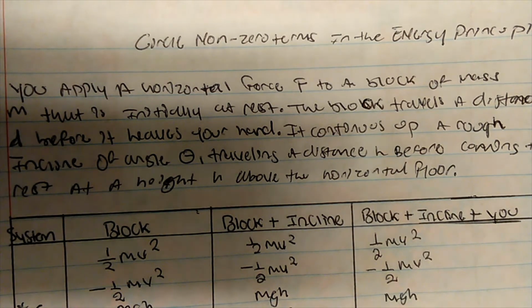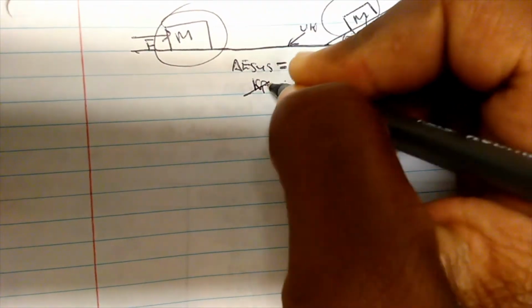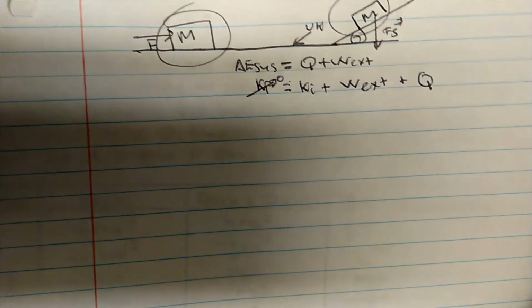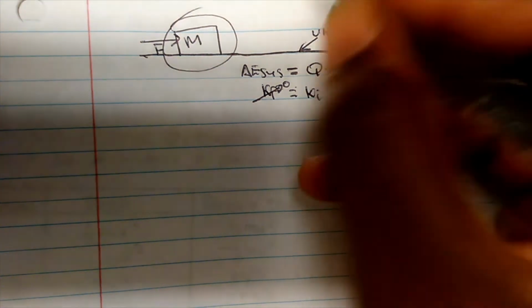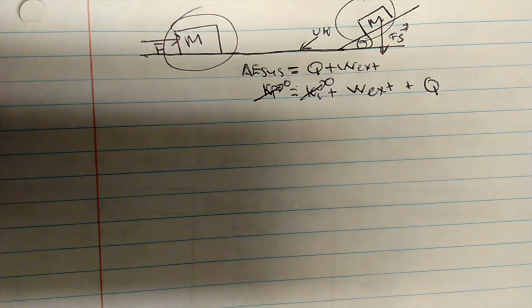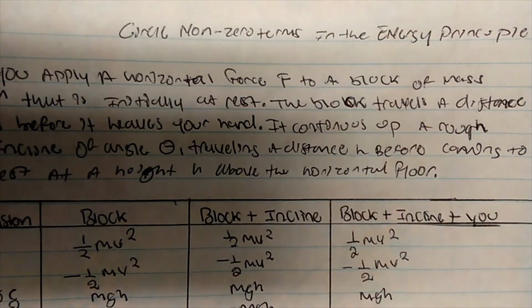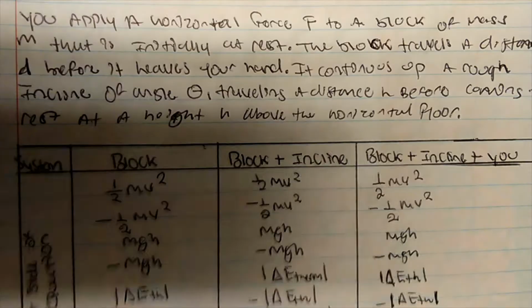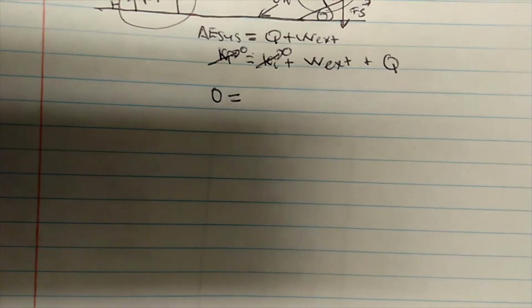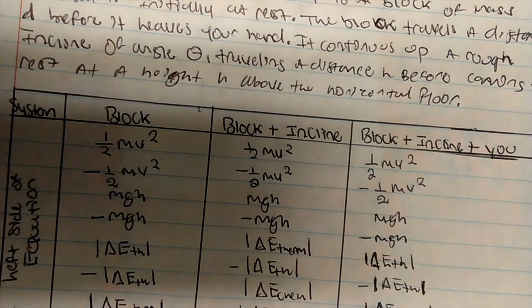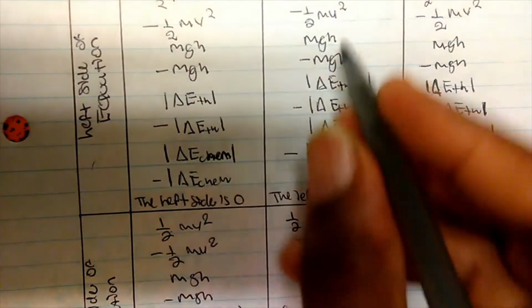So with that being said, we know that kinetic final is zero because it ends at rest, and so there's no kinetic energy. Kinetic initial is zero because, again, we start at rest, and so we didn't start with any kinetic energy. So we know that the left side is now zero, and for the left side, we could circle this to be zero.